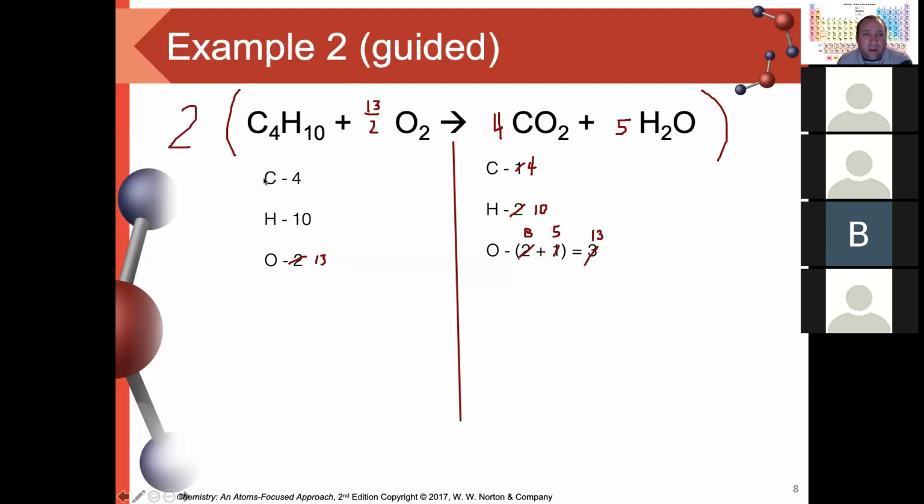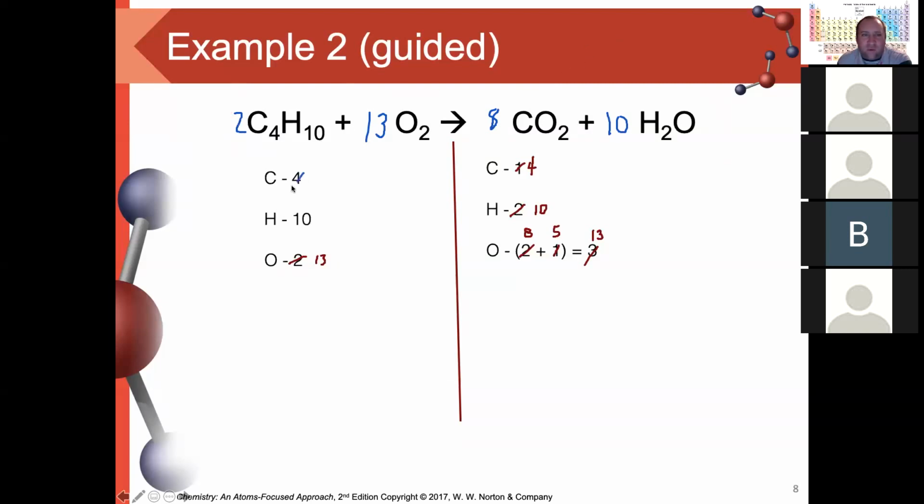So if I multiply this whole thing by 2, that would give me 2 butanes. 13 halves times 2 would be 13 oxygens. 4 times 2 would be 8 carbon dioxide. And 5 times 2 would be 10 waters.